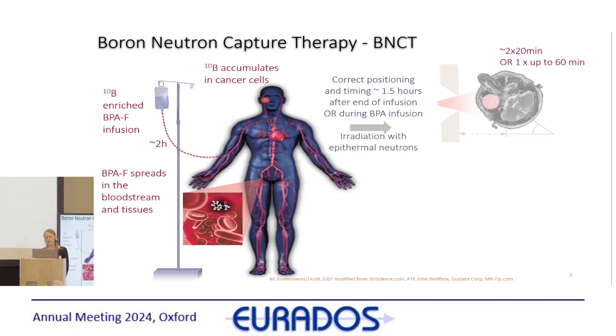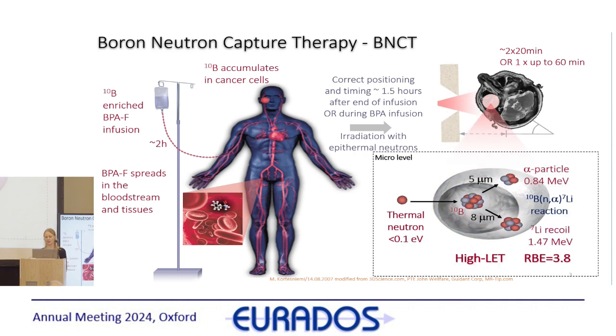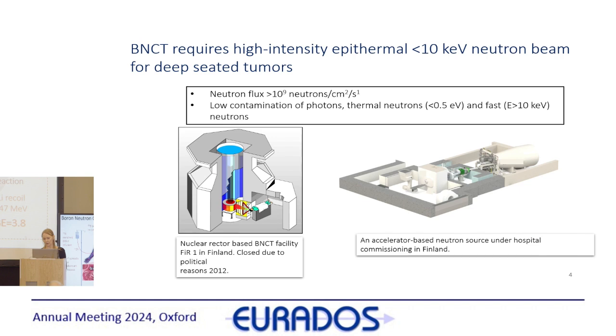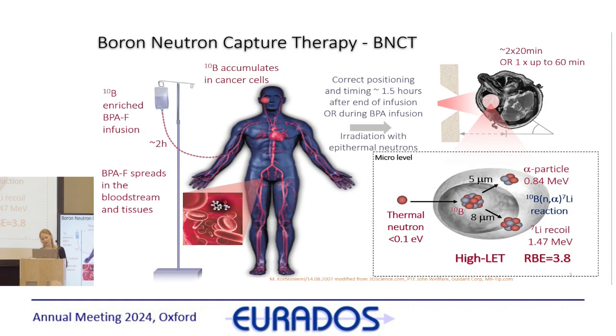In some countries, neutron irradiation is given during this boron infusion, but in some countries we wait 1 to 2 hours after end of infusion and then position the patient in front of the epithermal neutron beam and irradiate either from one direction or 2 directions. We use a fixed beam for irradiation, so we rotate the patient if we want to irradiate from 2 directions.